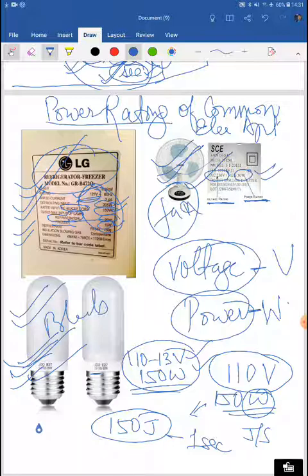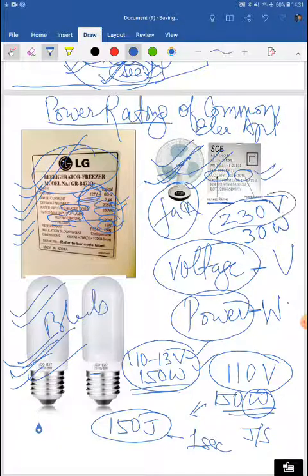Similarly, this electric fan has a power rating of 230 volt and 30 watt, which means that when I connect this fan at a potential difference of 230 volt, it is going to consume 30 watt of energy, that is 30 joule of energy in 1 second. Are you getting my point? So this is what the power rating gives us.